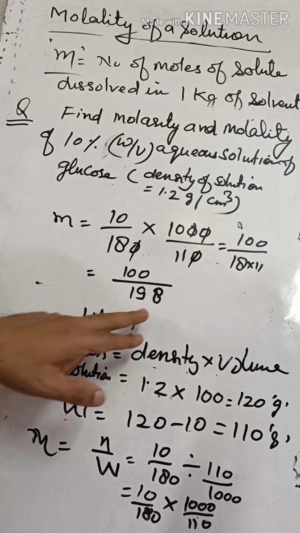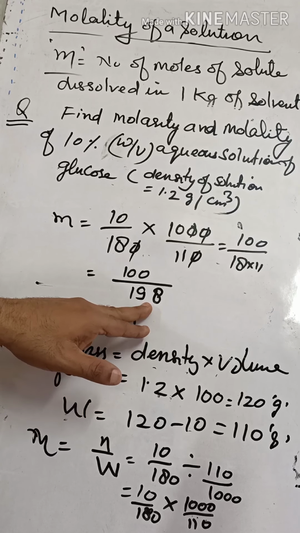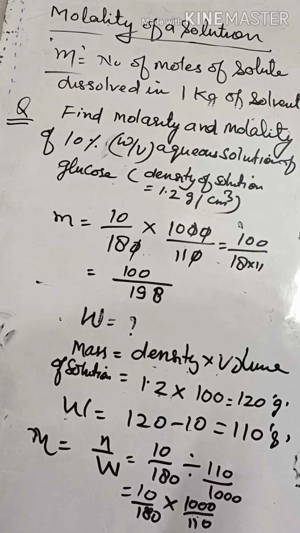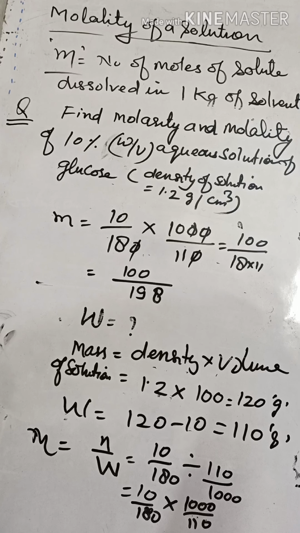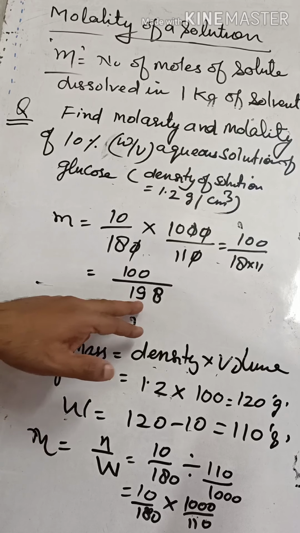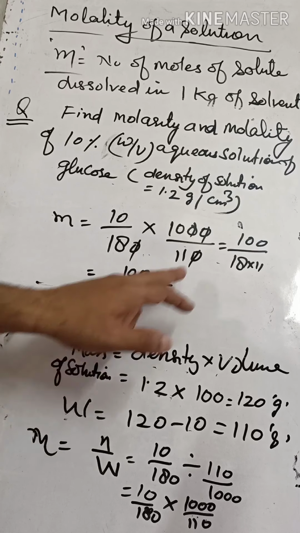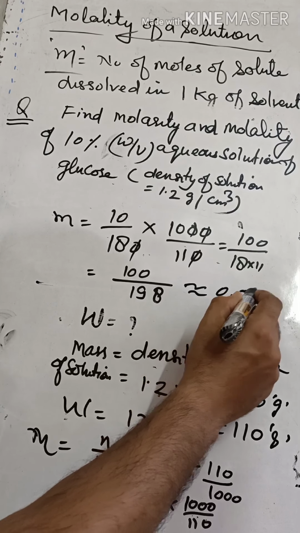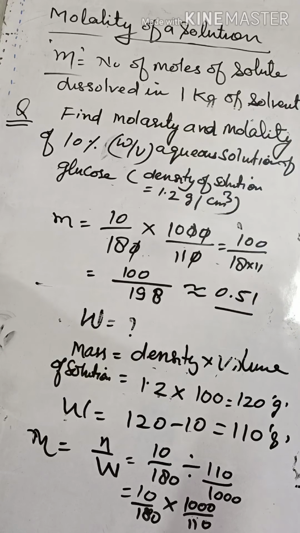Students, you have to be very quick in simplifying the values in formula questions. Suppose it is 200, then 100 upon 200 means 1 by 2, then 0.5. So it is approximately 0.51, like 0.51, 0.52.